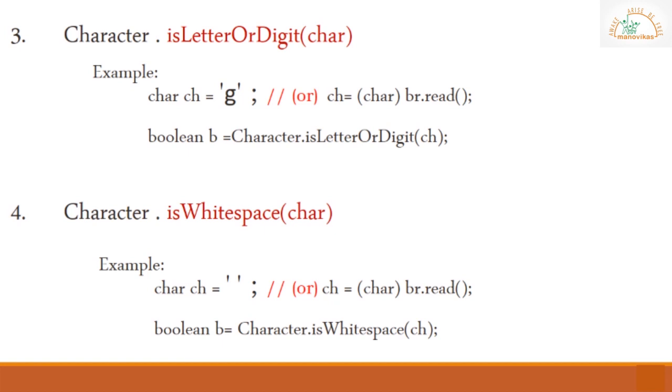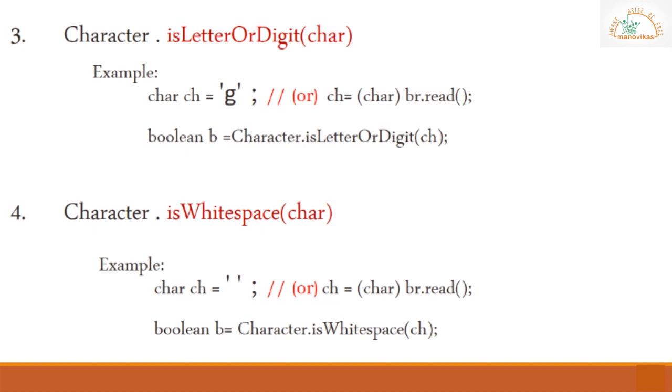There is a space. Boolean B is equal to Character.isWhitespace of CH, where CH is having a space as a character literal. What will be my output? My output will be true because space belongs to white space. Space is a white space. So your output will be true.